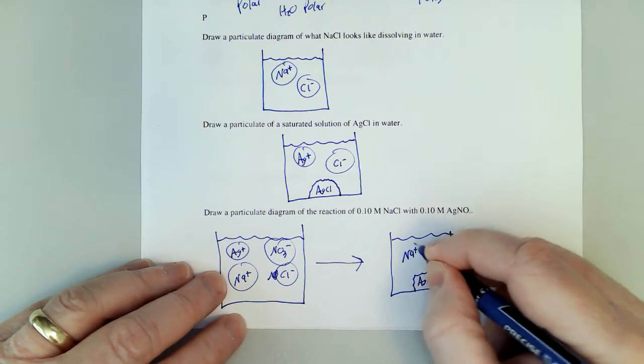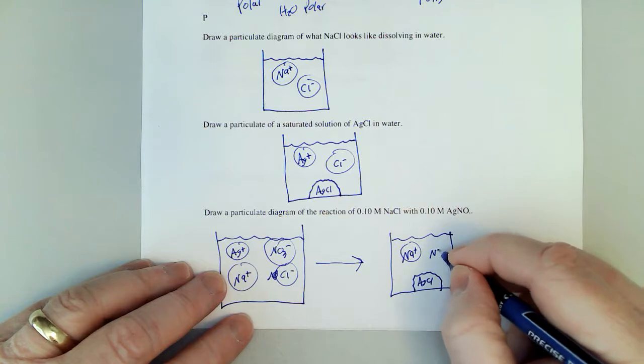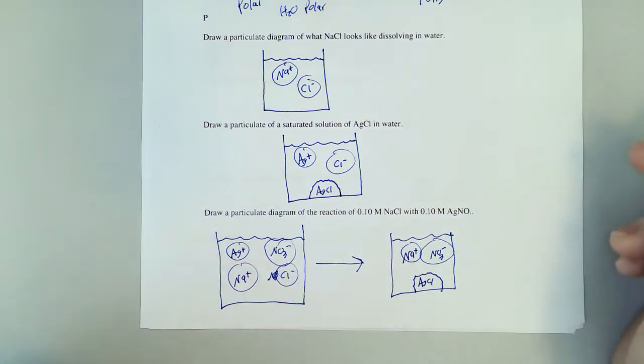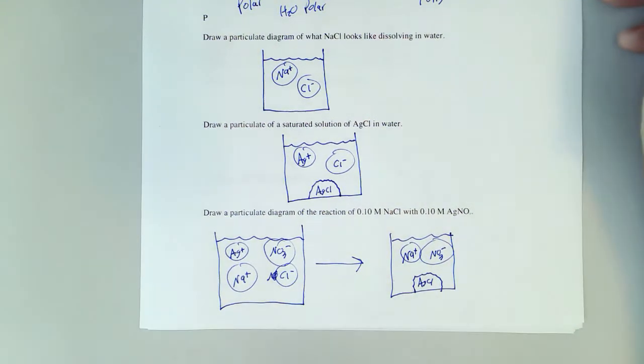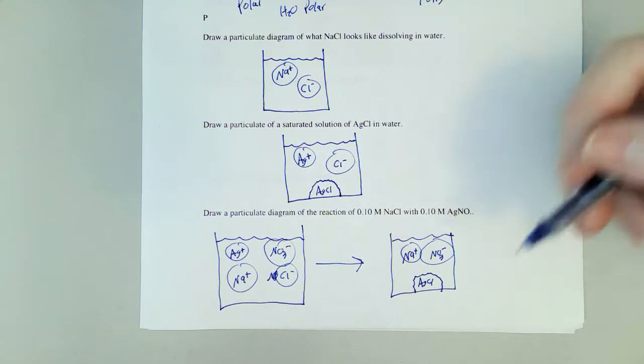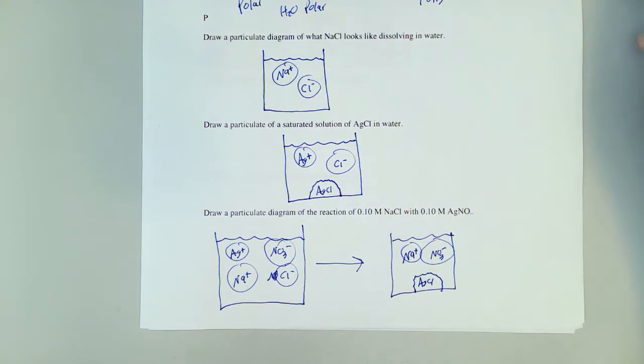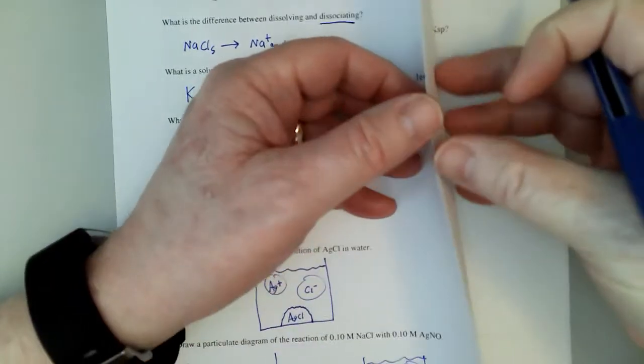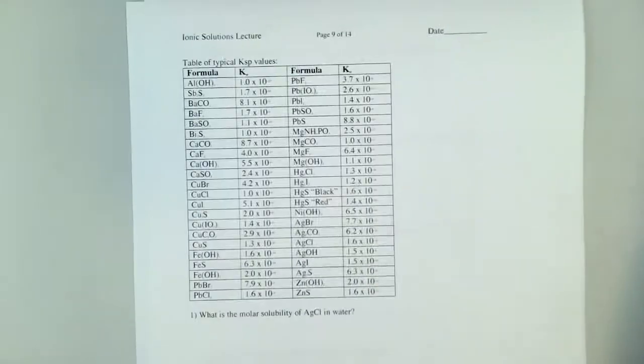I'm going to have lots of sodium ions and lots of nitrate ions. Now, I will have, to a very, very minor extent, a few Ag+ and Cl- ions floating around in there. But they're not a predominant species. There's very few of them there. But still, there are some there. They do dissociate to some extent.